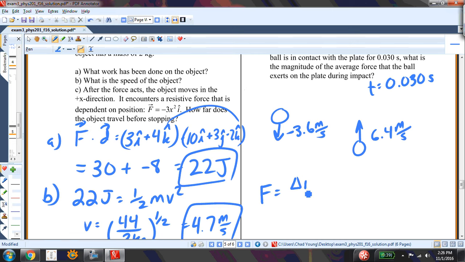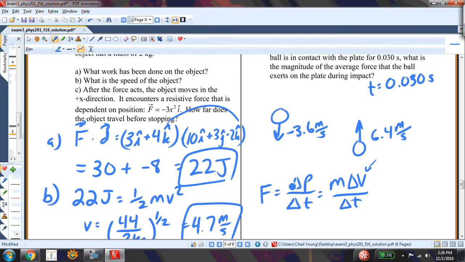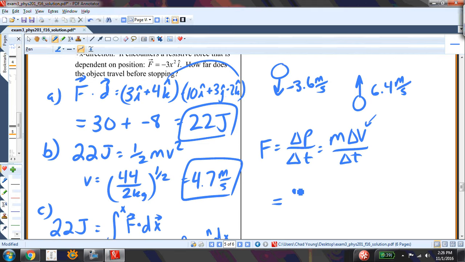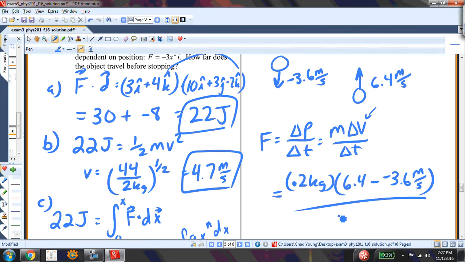Well, force is delta P over delta T. That's the mass times delta V over delta T. This is Newton's second law, right? This is our acceleration, delta V over delta T. There's our mass. Our mass was 0.2 kilograms. Delta V is 6.4, that's my final, minus my initial, which is negative 3.6 meters per second, divided by our time, which is 0.03 seconds.